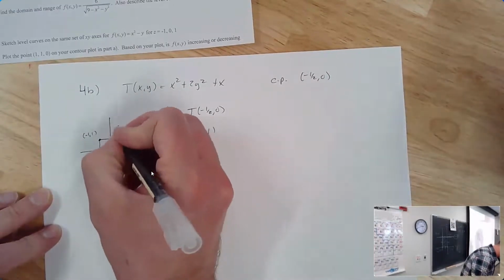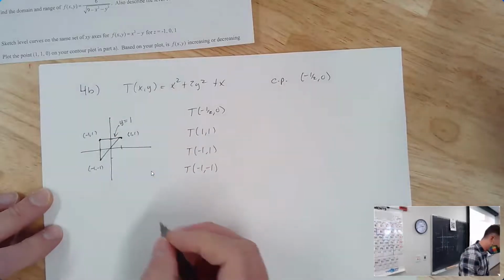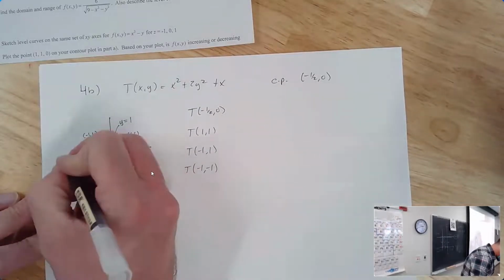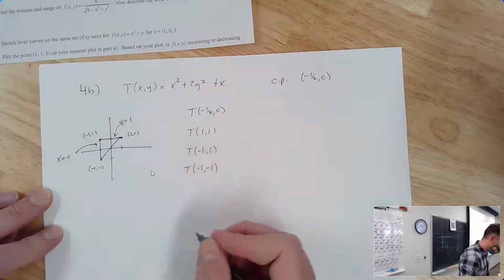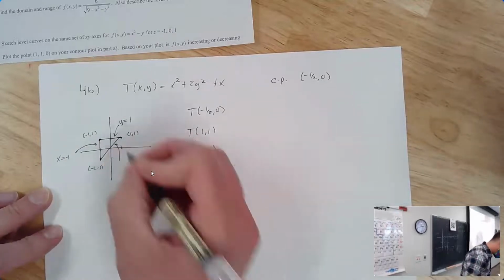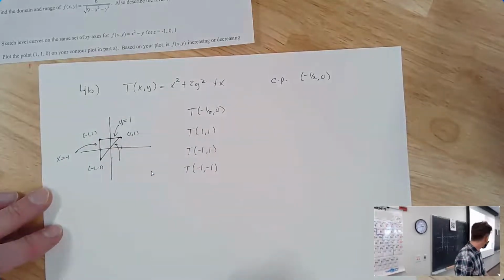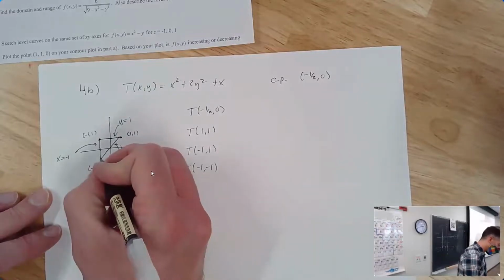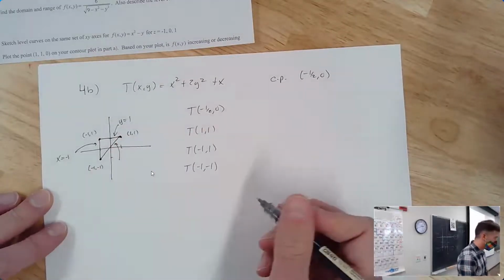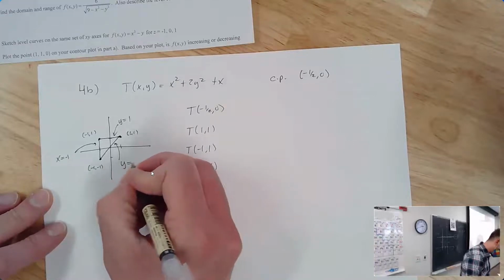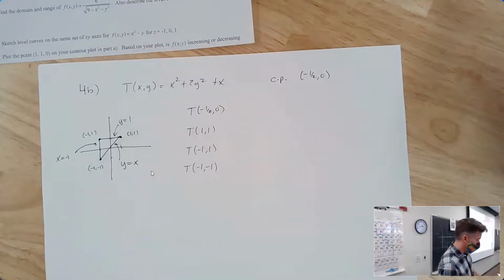We have the wall here, y equals 1. We have the wall here, x equals -1. And what's this last wall? That goes from the point -1, -1 to the point +1, +1. Yeah. So we're going to use each of those.